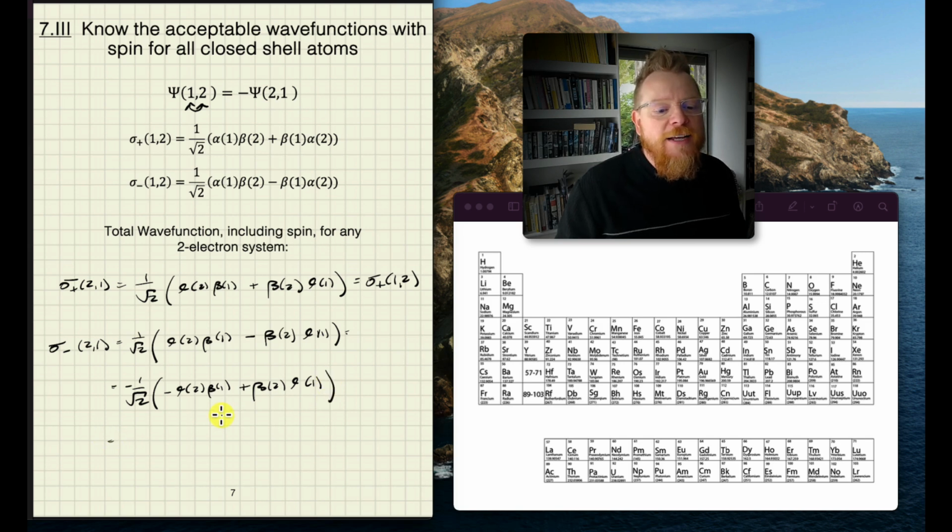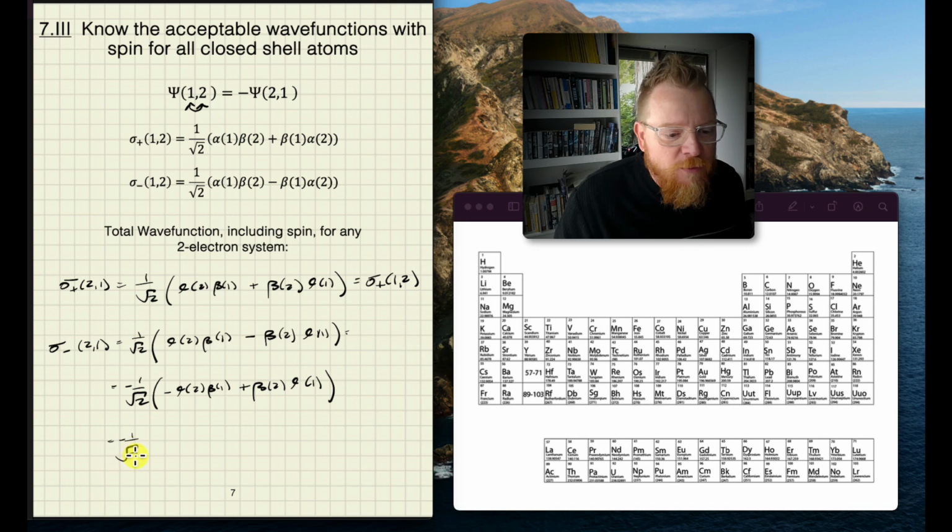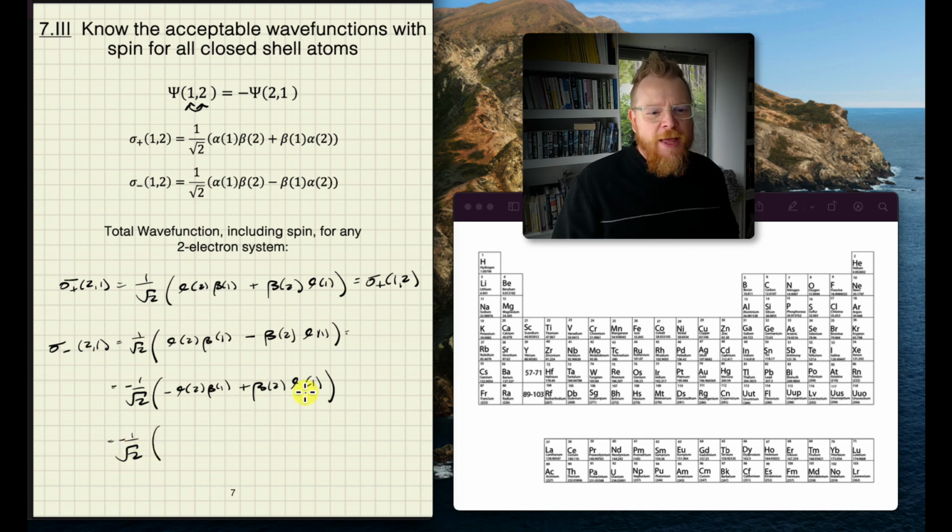And recognizing that the order of these doesn't matter so much, I'm going to write this as, again, negative 1 over root 2. And now this beta 2 alpha 1, I'm just going to write that as alpha 1 beta 2, because again, it doesn't matter if I change the order of the wave functions. And then now that's minus, and I'll write that as beta 1 alpha 2.